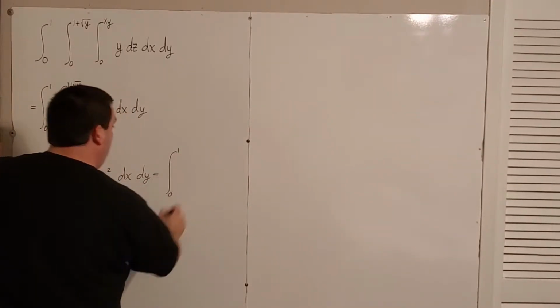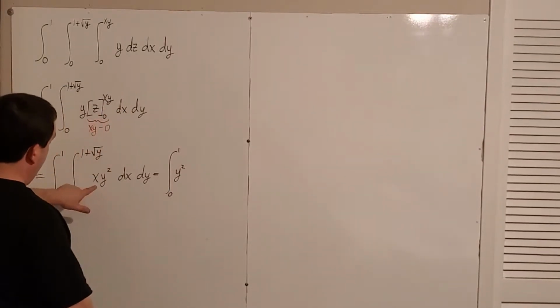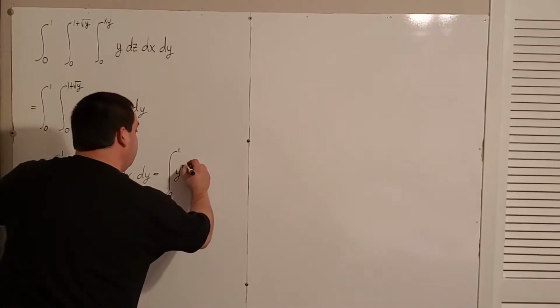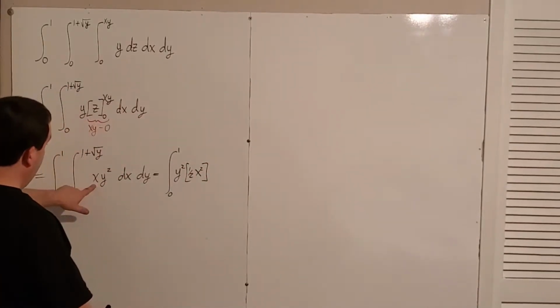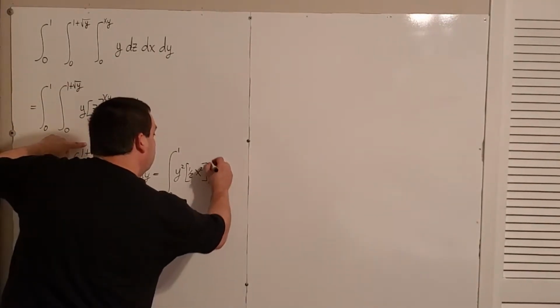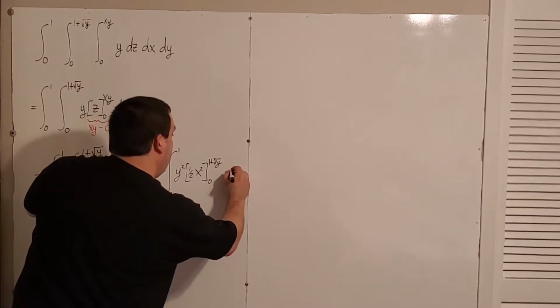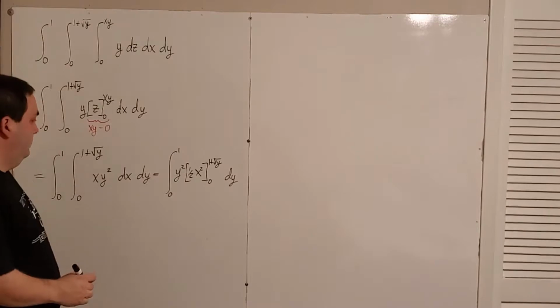So from 0 to 1, y squared, and then the antiderivative of x is 1/2 x squared, and that's going from 0 to 1 plus square root of y, and then dy. Okay?